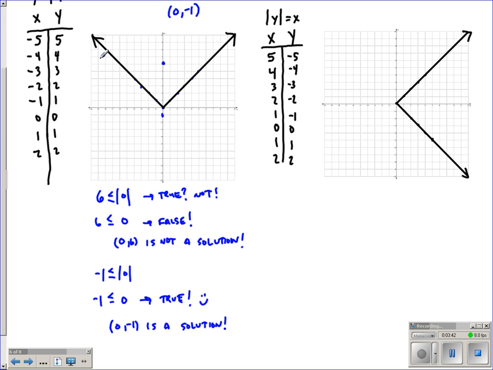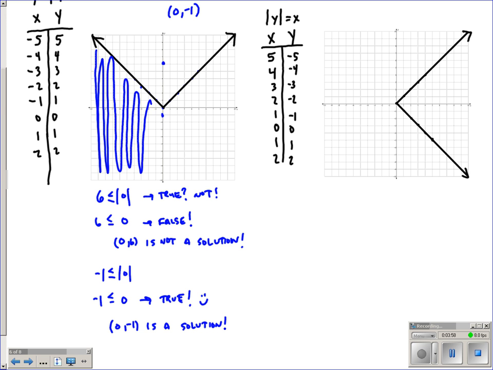So that means everything on this side will also work. So we need to shade on this side. This will be awfully dark here, but I'm shading everything on this side of my lines.